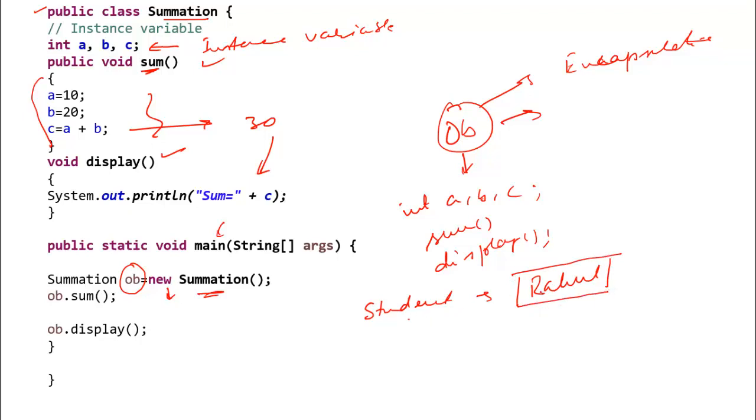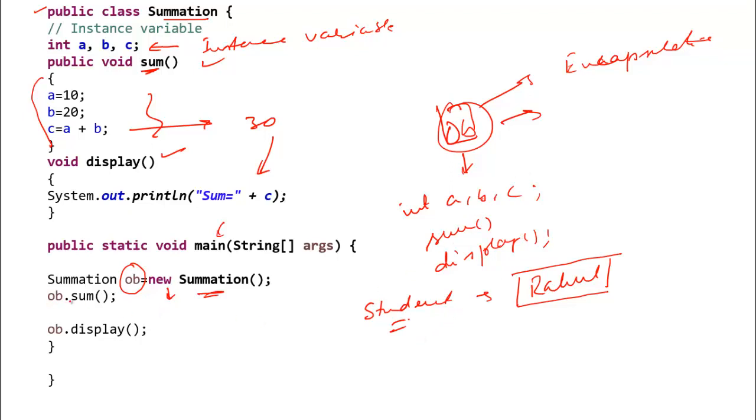This is the class, this is the object. When I define the object, all the ingredients of the student come into Rahul. Rahul has a name, a roll number, he reads in a certain class, he has a mother and father name, an address, phone numbers and all that.